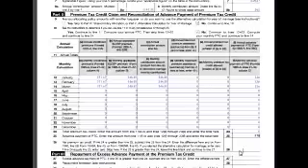Line 26. Yeah, that's right. That's fine. Line 26, they say net premium tax credit. You say if line 24 is greater than line 25, so you're going to compare 24 and 25.